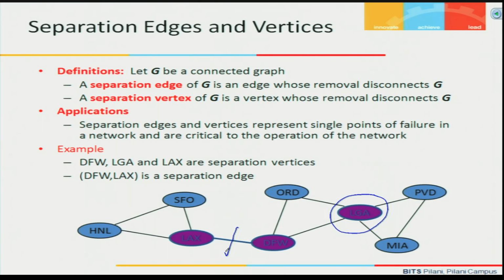Again, you can have more than one separation edge or separation vertex. You see that even this is a separation vertex. So, this particular graph has 3 separation vertices. The ideas of separation edges and separation vertices are very key in studying networks.